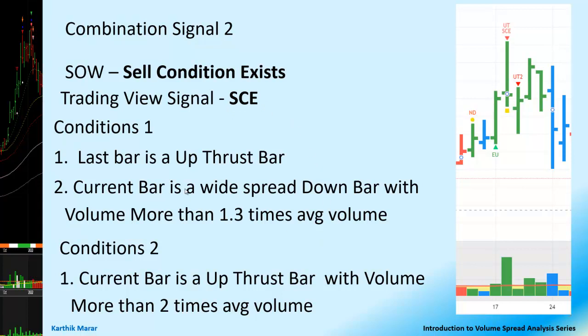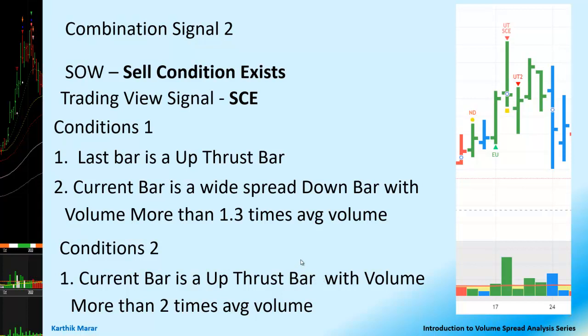Now, if you look at the first condition, it almost overlaps with the condition for UT2. So you would rarely find this condition giving an SCE signal. The most frequently occurring signal is because of condition 2: the current bar is an upthrust bar with volume more than 2 times the average volume.